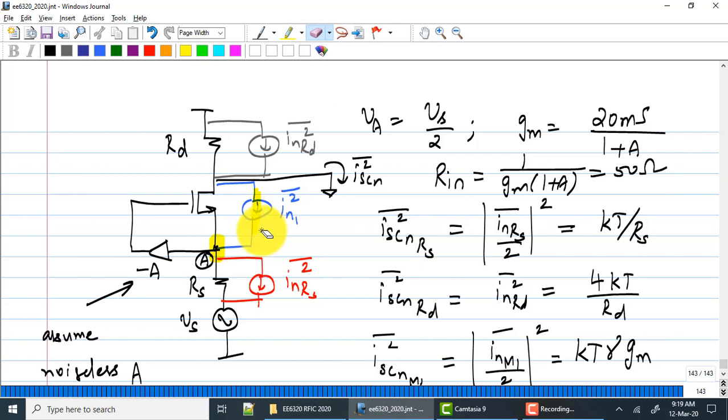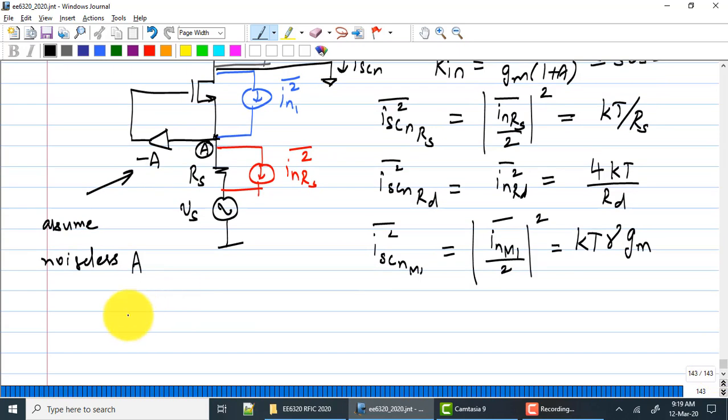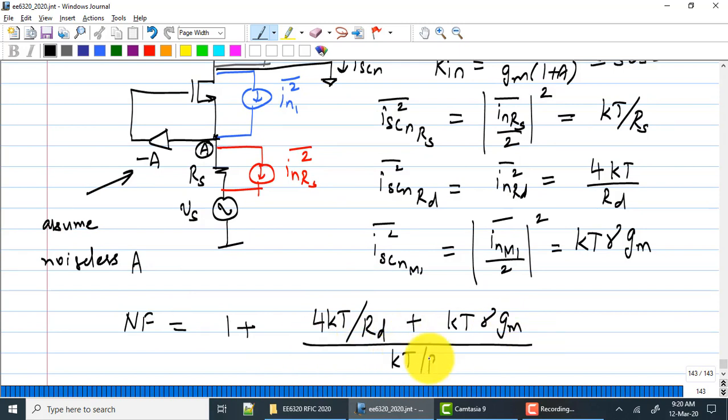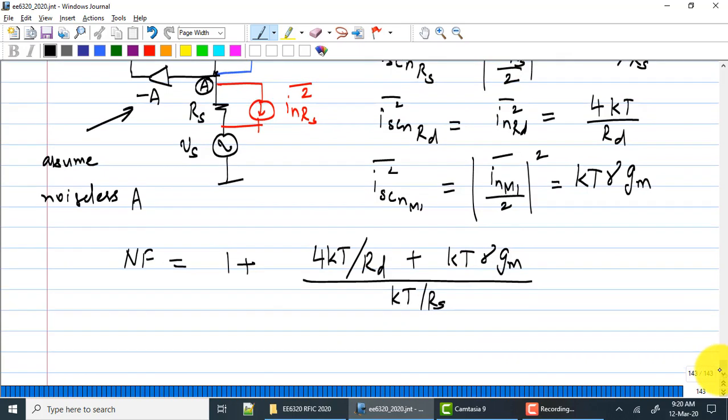So what is the overall noise figure? It is 1 plus 4kT by RD, we'll just keep it as that, we've always done that, plus gamma GM RS plus 4RS by RD.